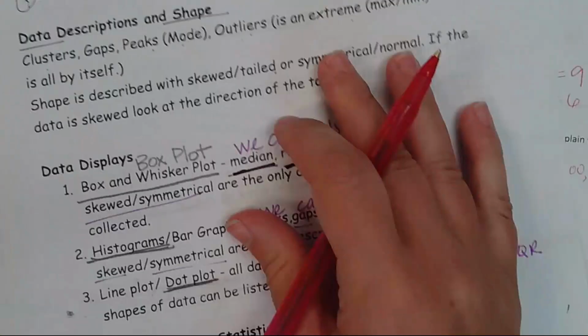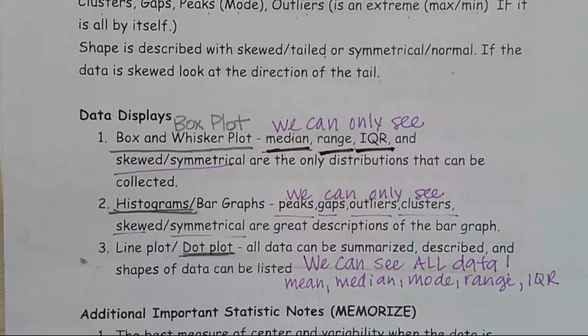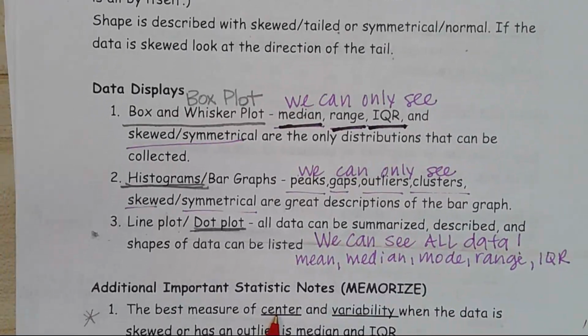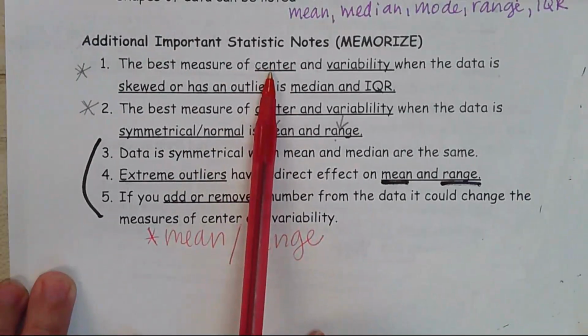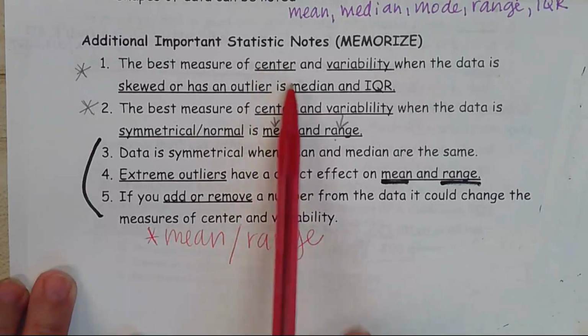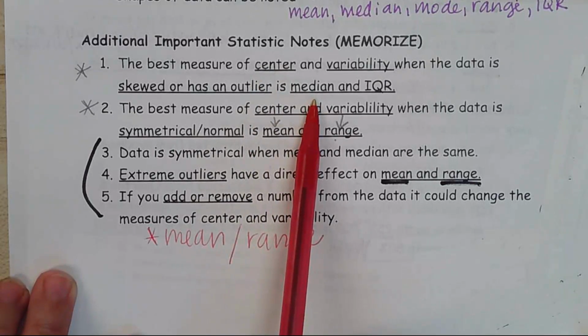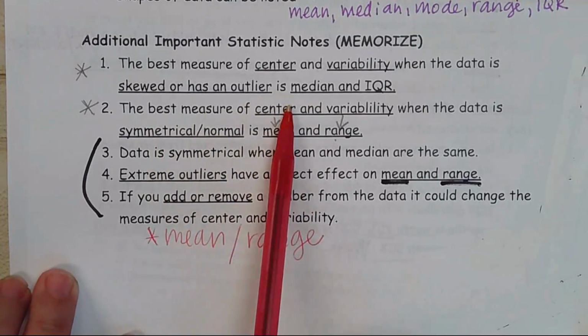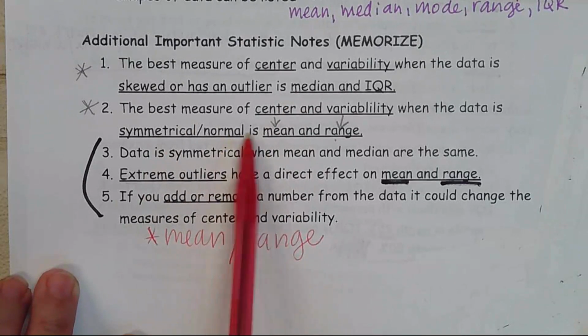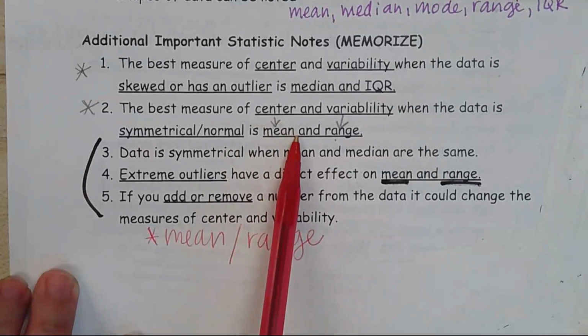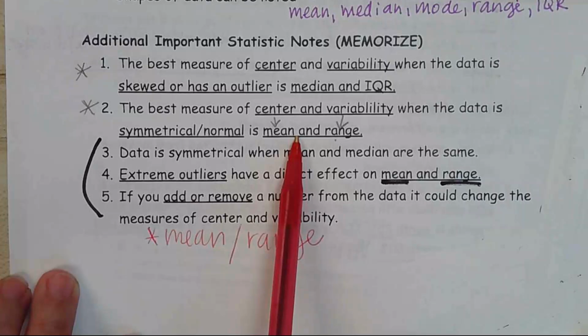Well, if it's skewed or has an outlier, what's your best measure of center? You definitely would love to have that median, which was 100 every single time, right? When your data is symmetrical and you don't have an outlier, which one would you rather have? Mean. Okay?